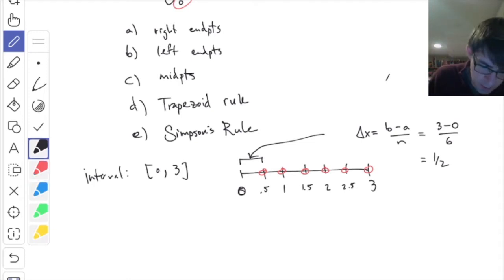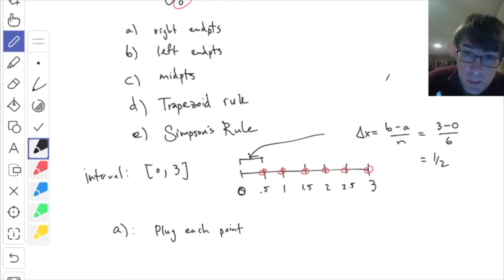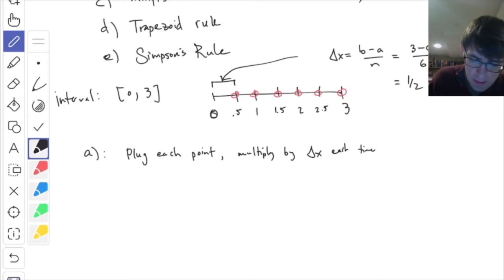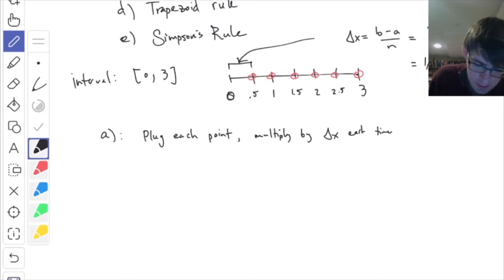And so for part A, what we do is plug each point, in this case just the red ones that I picked there because I'm using the right endpoints, into the function, and multiply by delta x each time, right? And so I'll say A, that is the area.